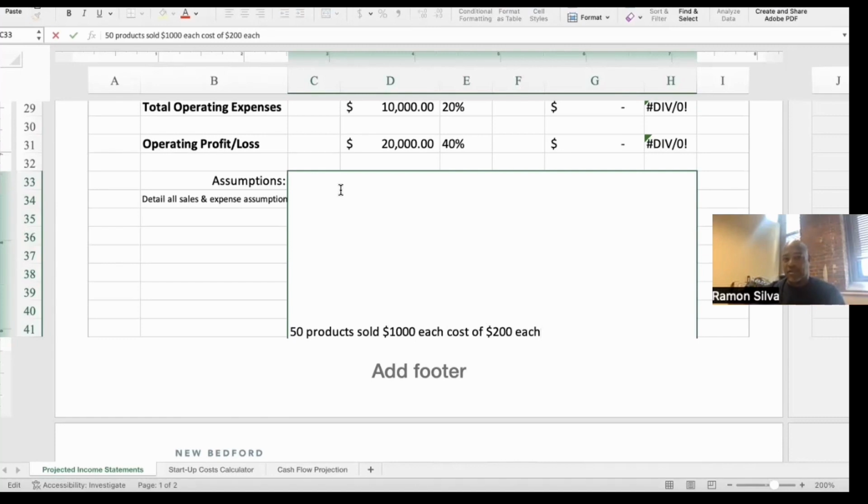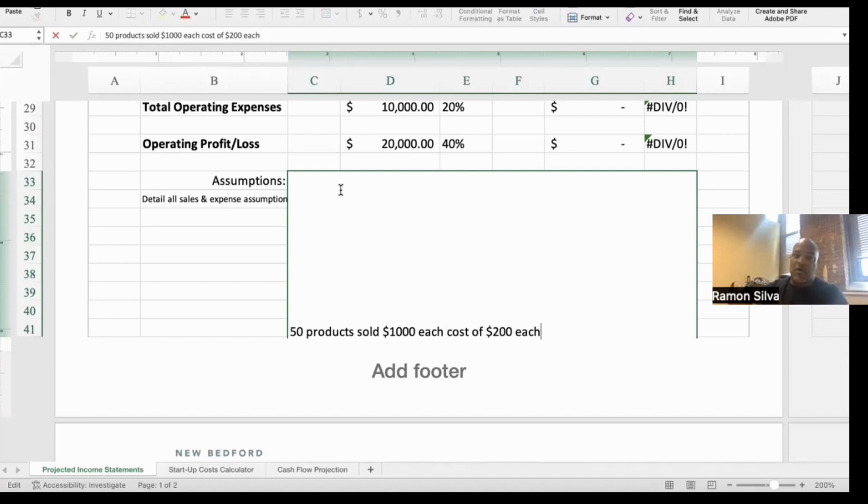Or if I say, I'm going to sell 1 million products at $1 each, that's probably not reasonable. So these numbers should be reasonable and should tie back to what you've explained your product or service that you're providing in your business plan actually is. And the more detail you can get into with your assumptions, the better.